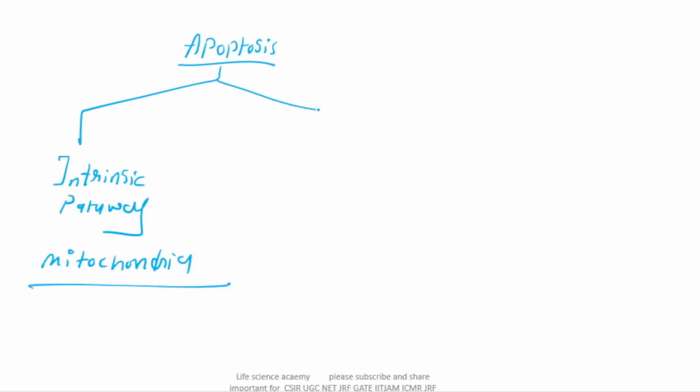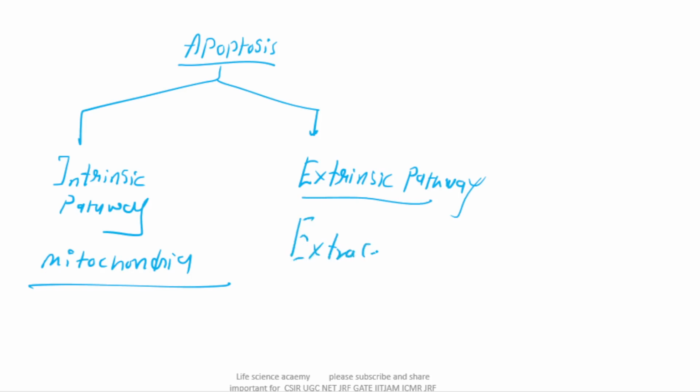And if we enter the extrinsic pathway, in the extrinsic pathway, extracellular signaling is important. Extracellular signaling molecules play an important role in the extrinsic pathway.